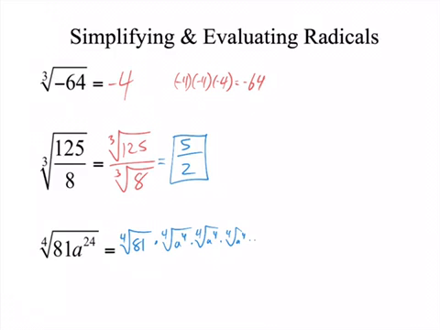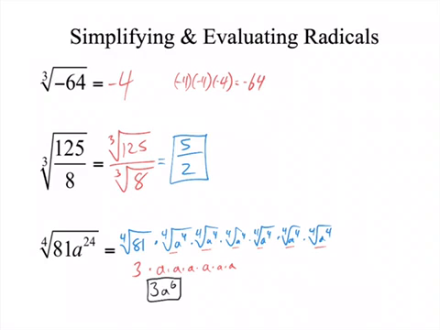So that's 1, 2, 3, 4, 5, 6 of them. So now, the fourth root of 81, I hope you understand, is 3. If you don't, multiply it a couple times, you will see. And each of these is an a. So you have 6 a's multiplied together.